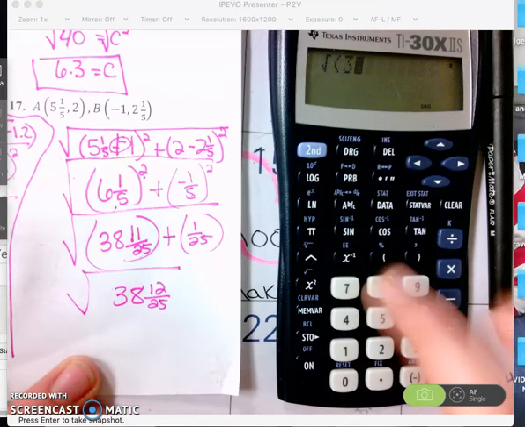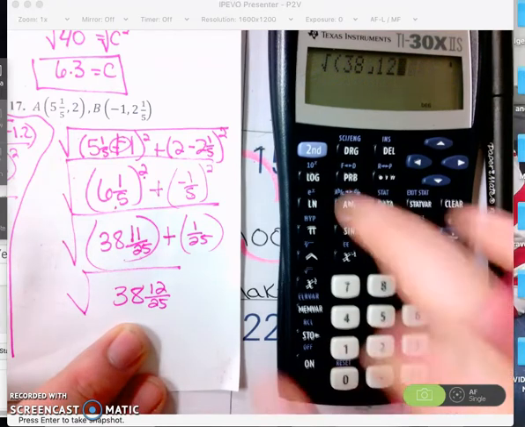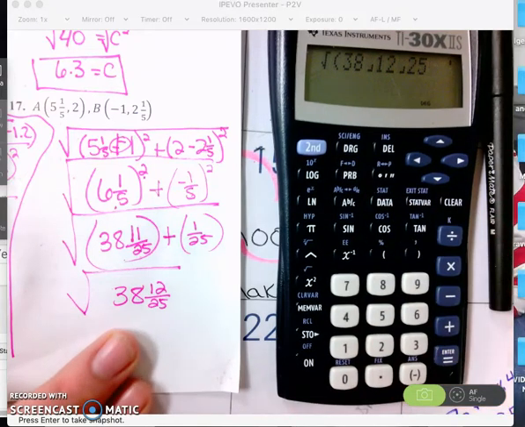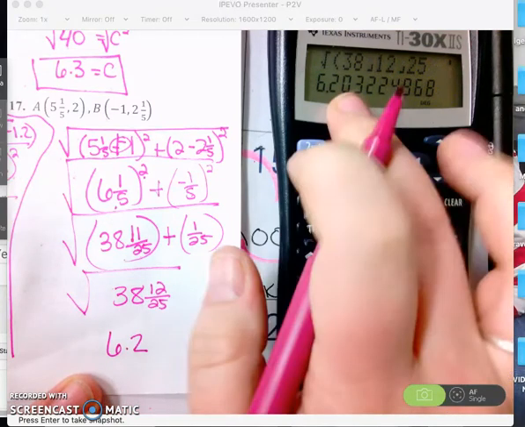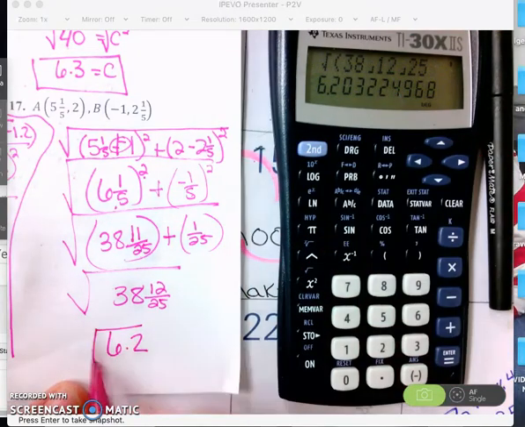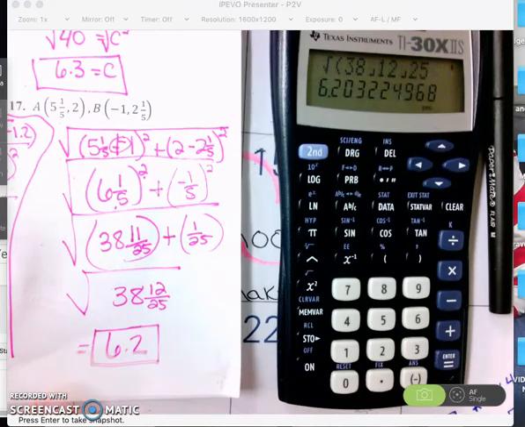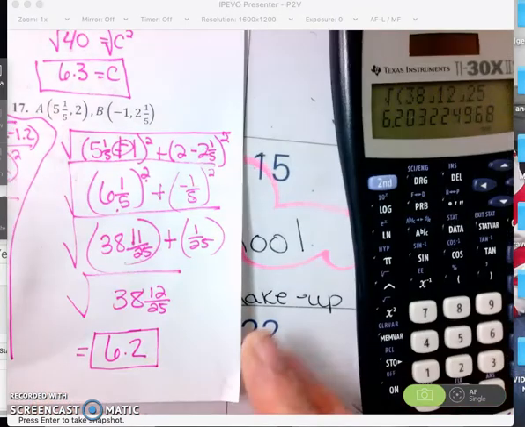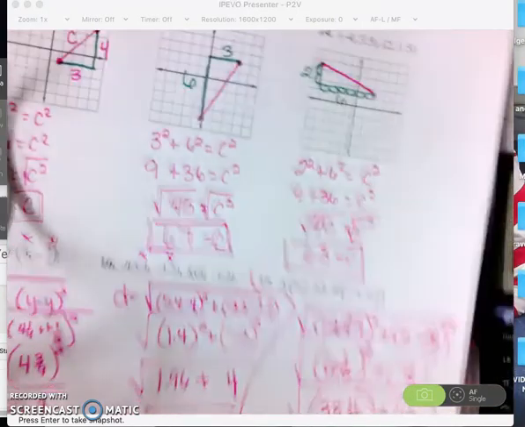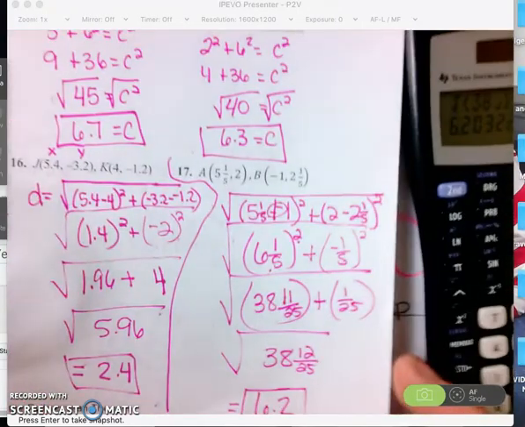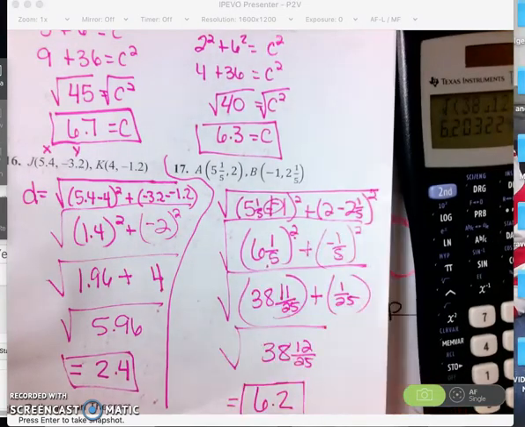So I'm going to do 38 12/25, and that gives me 6.2. Because I have a 0, I'm done. Don't forget to box your answer in, and make sure all your things are on there that I asked or I said during the movie.